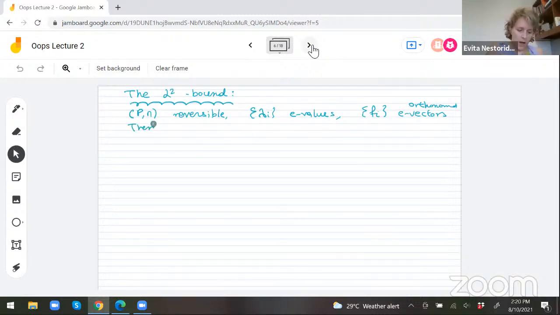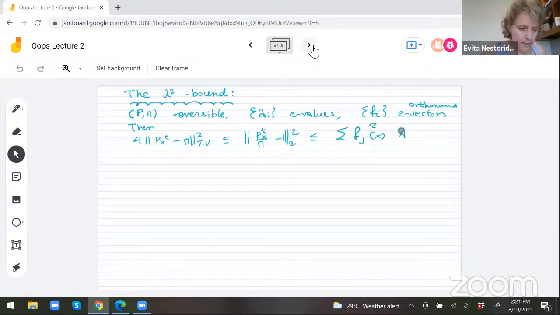Then the main thing that I want to write is that indeed 4 times the total variation distance squared is less or equal, as we saw, than the L2 norm, and the L2 norm now is bounded by this quantity. I'll explain it in a second.